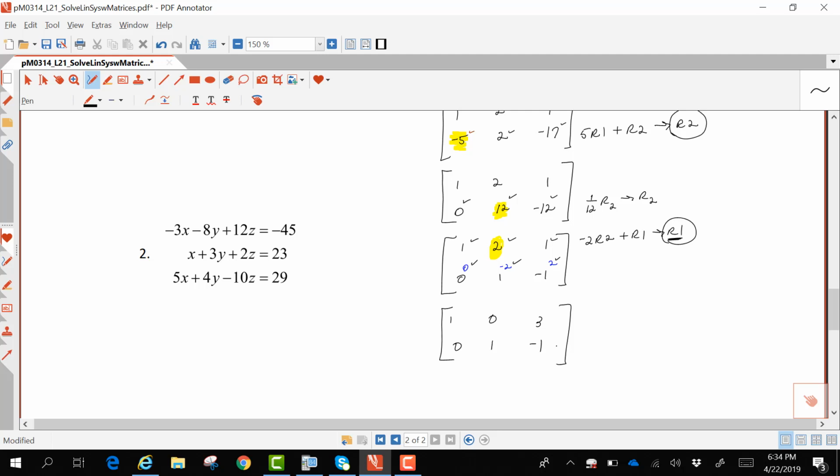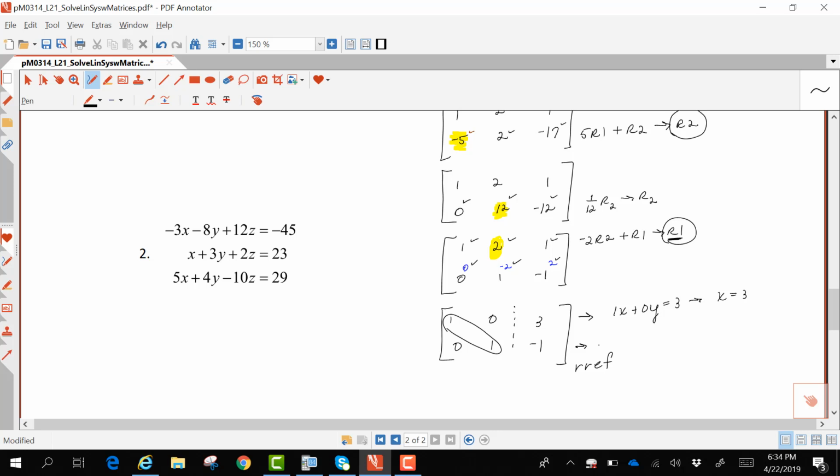I now have my matrix in what's called reduced row echelon form. I'm going to write that down, which means I have 1s on my diagonal and 0s everywhere else. Now if I come out of the matrix back to an equation, the top row says 1x plus 0y equals 3, or x equals 3.